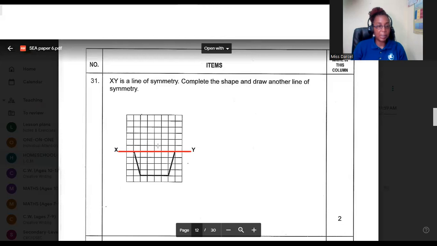So if we're doing something like this, the easiest thing is to count the blocks. That's going to help us. So going downwards, we have 1, 2, 3, 4 blocks down. So that means we have 2 across. So we go in 4 blocks up. 1, 2, 3, 4, and 2 across.